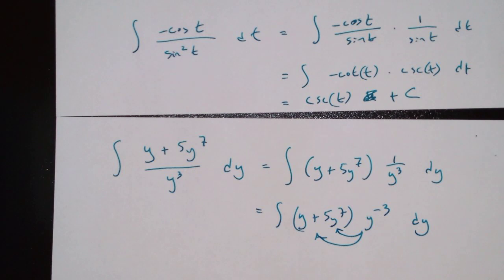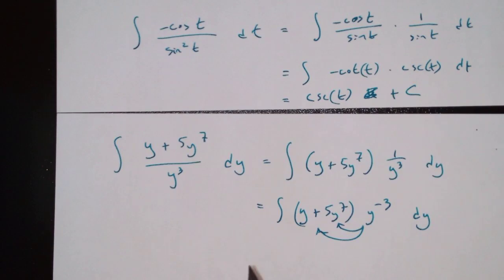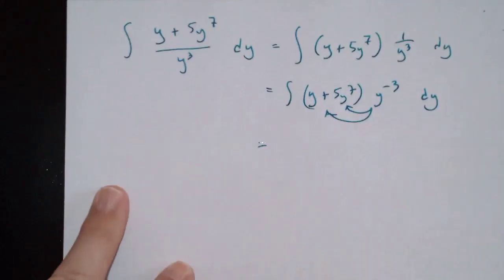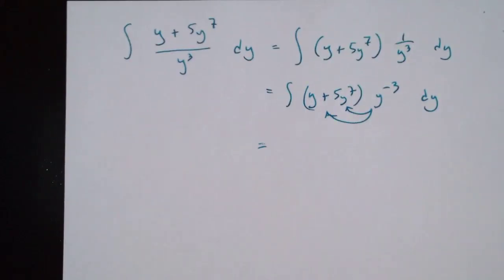What happens when you multiply that through? What's the algebra?